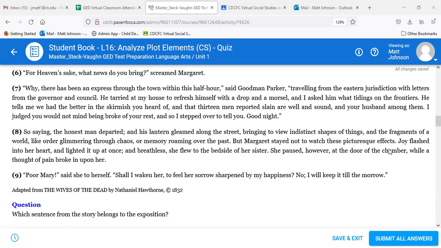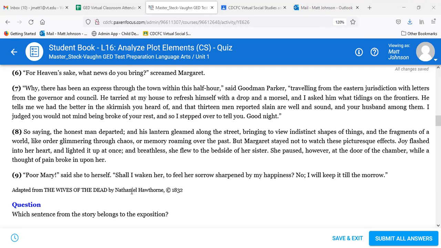Why, there has been an express through the town within this half hour, said Goodman Parker, traveling from the eastern jurisdiction with letters from the governor and council. He tarried at my house to refresh himself with a drop of a morsel, and I asked him what tidings on the frontiers.